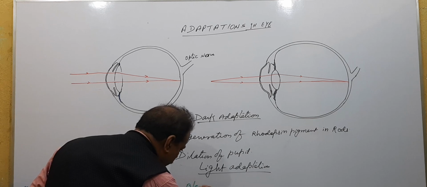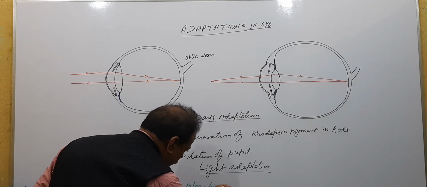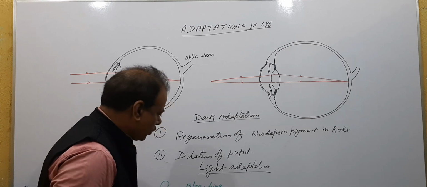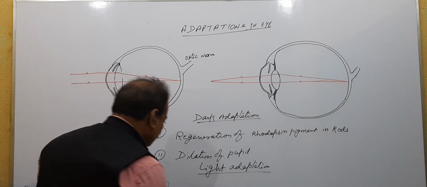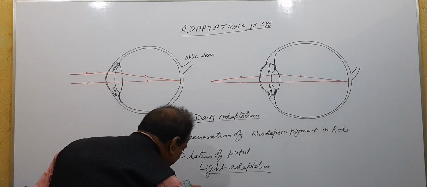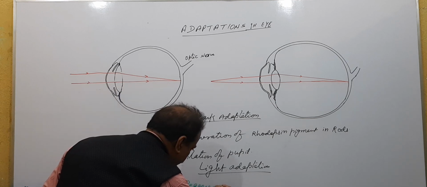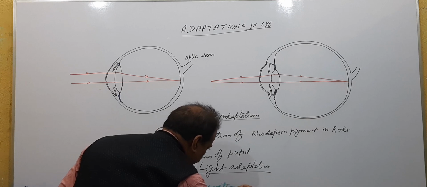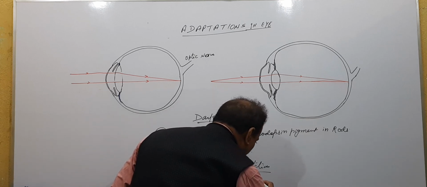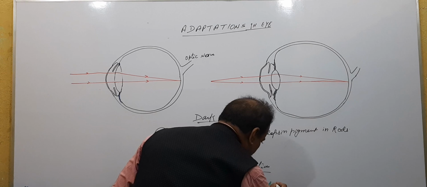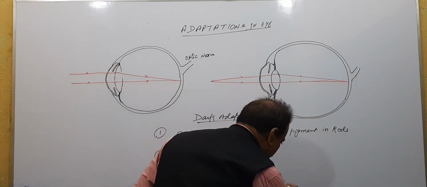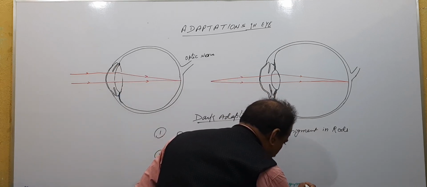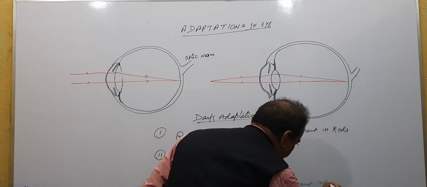Bleaching of rhodopsin, or you can say regeneration of iodopsin pigment in cones.